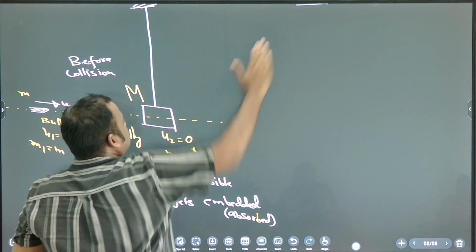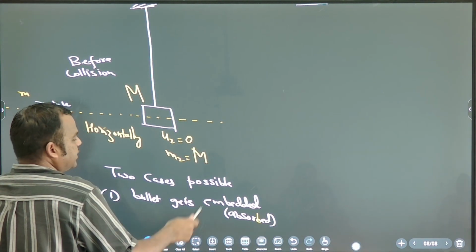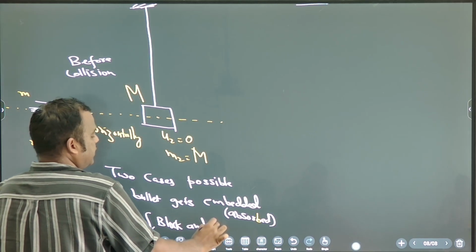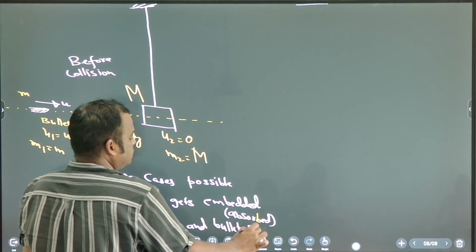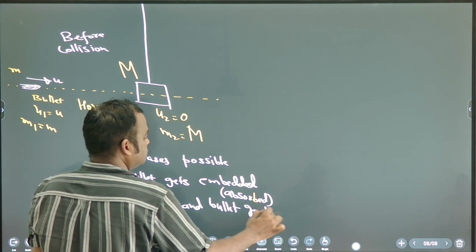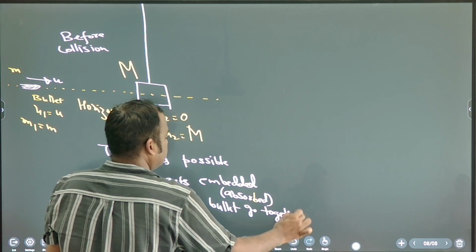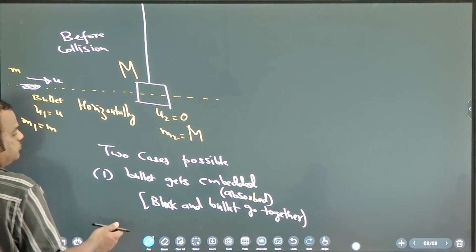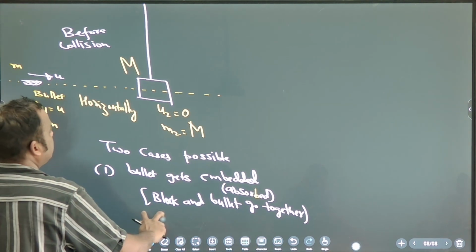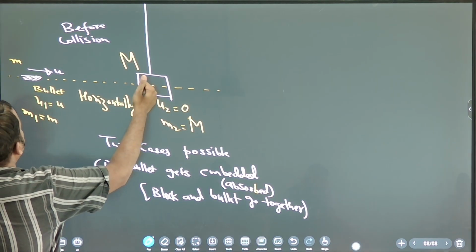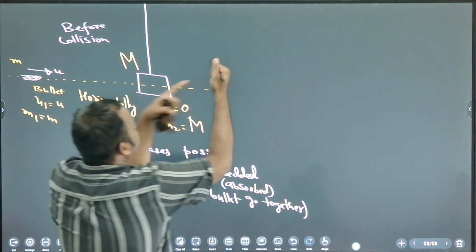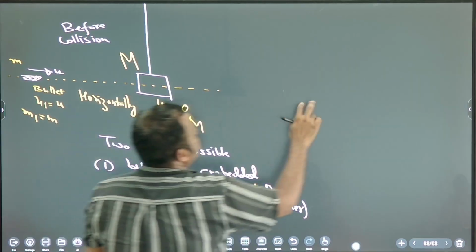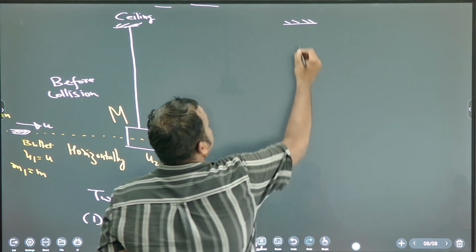So note down, bullet gets embedded means block and bullet go together. Suppose this is the block, this is the bullet. Bullet will hit it and they will go together like this along the circle.